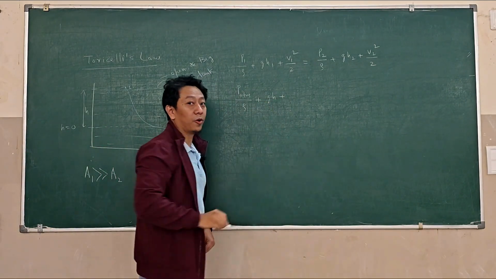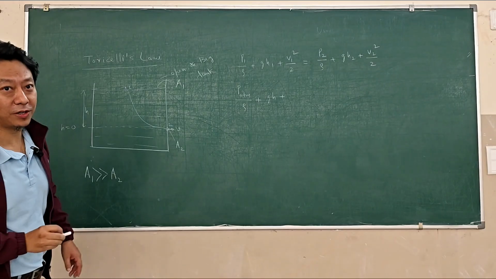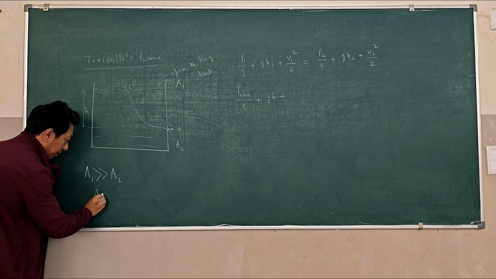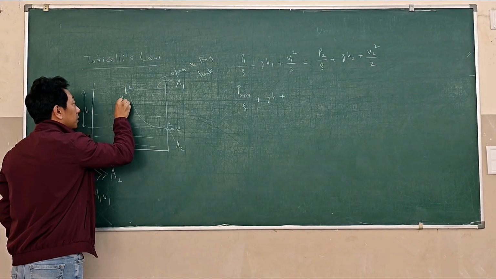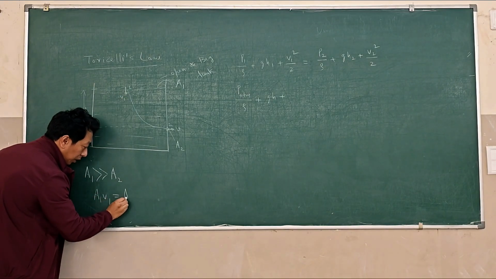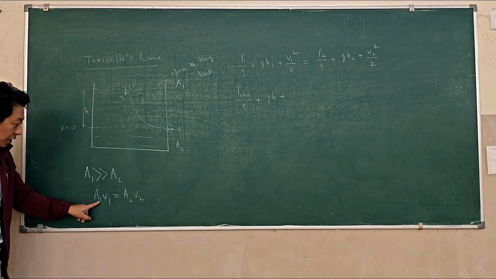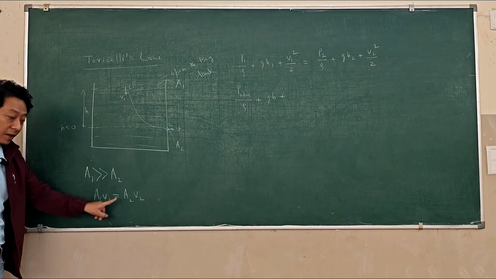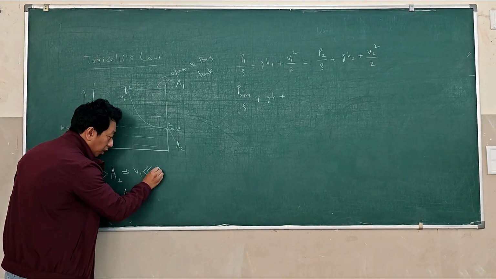Now comes a very important fact. You know from the equation of continuity, A1 V1, meaning the velocity here, must equal A2 V2. But I wrote A1 is much larger than A2. That implies V1 will be much smaller.